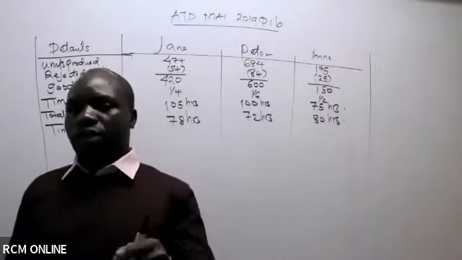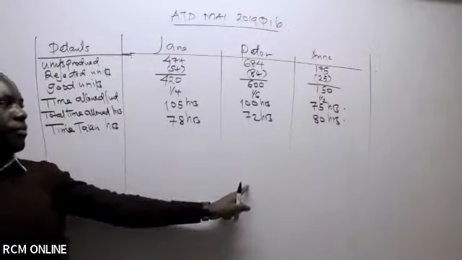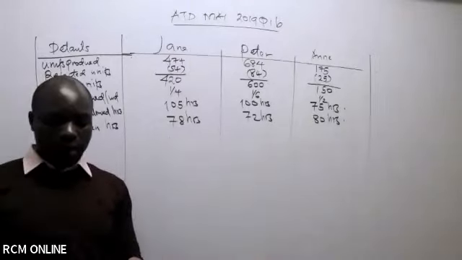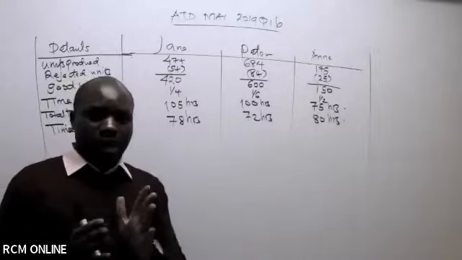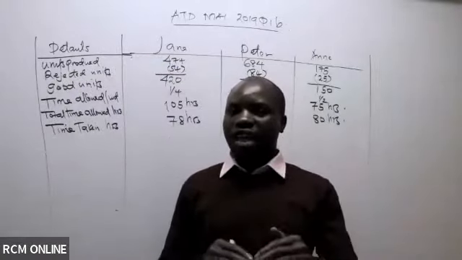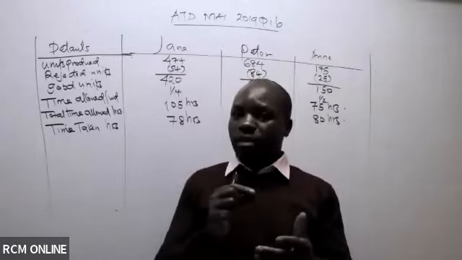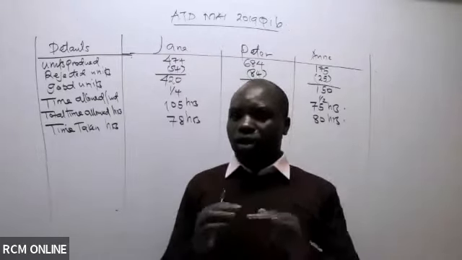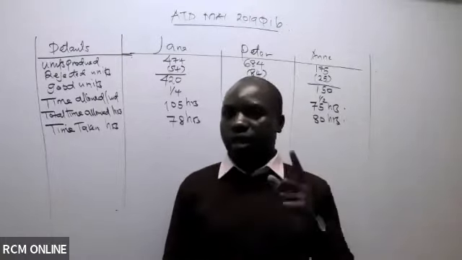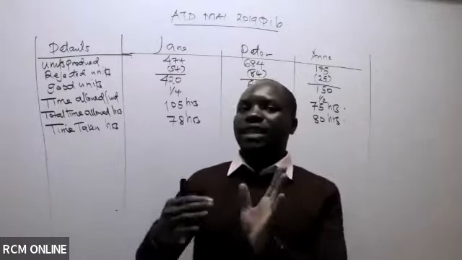What we have done for the 2020 question, you are able to see that company was lenient enough to pay you for the spoiled goods at a lower rate, but then bring in the penalty. Utalipwa kidogo, at a lower rate, and then they bring in the penalty. That is for 2020.